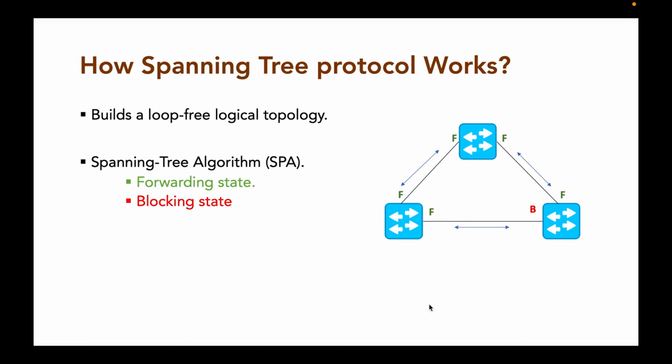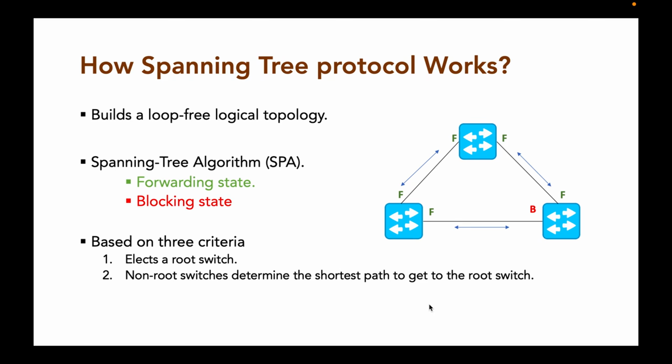It does this based on three criteria. First, it elects a root switch and puts all the working interfaces on the root switch in forwarding state. Second, all other non-root switches determine the shortest path to get to the root switch.